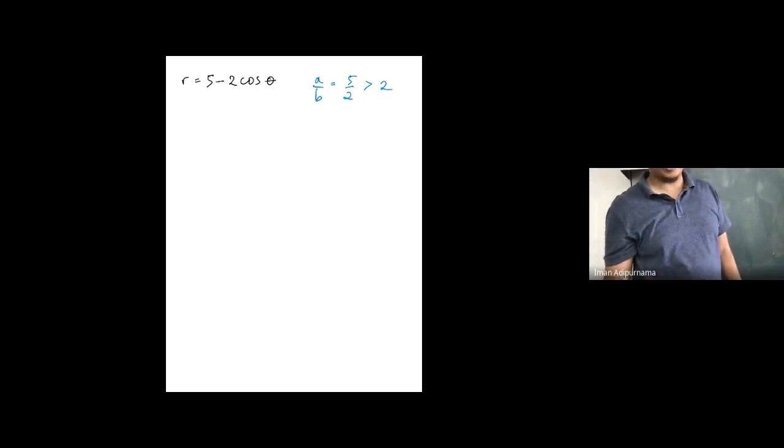Let's go for r = 5 minus 2 cosine theta. So A over B is 5 over 2, which is greater than 2, right? Or greater or equal.